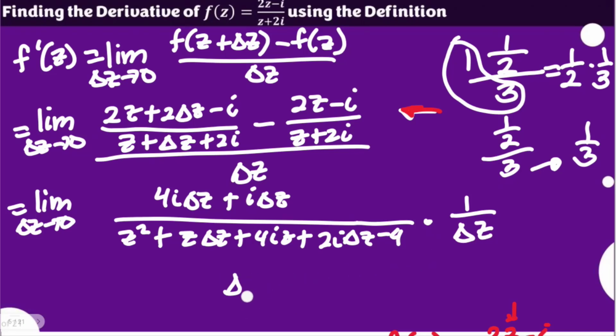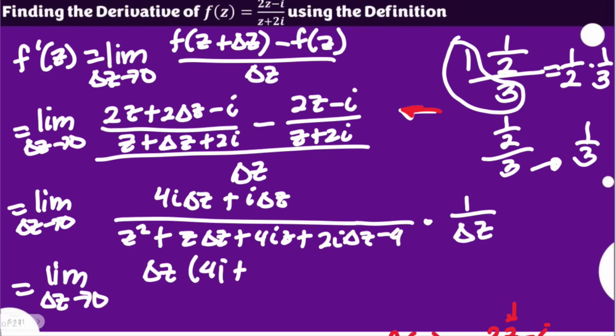The point for that is, take note that we are finding the limit and we would like this not to be 0. We could see that our numerator now has a factor of delta z, where we can factor out the limit of delta z. When we factor delta z, you have 4i plus i, right?